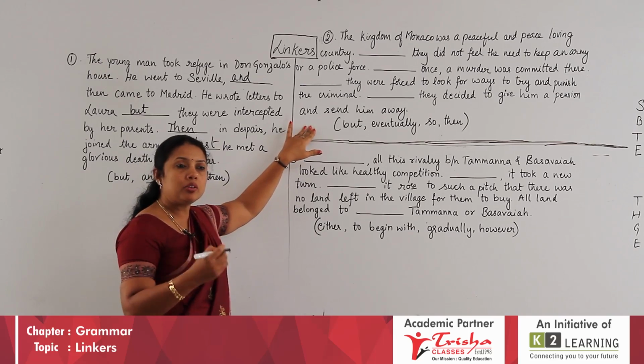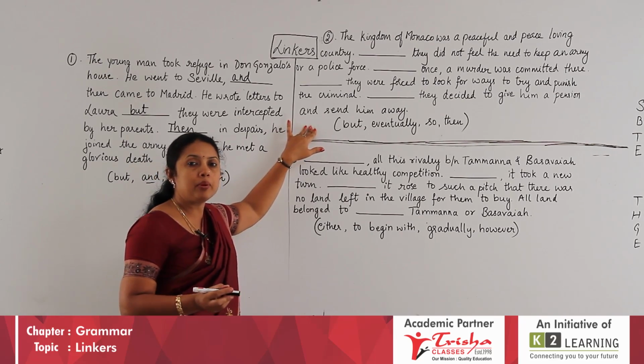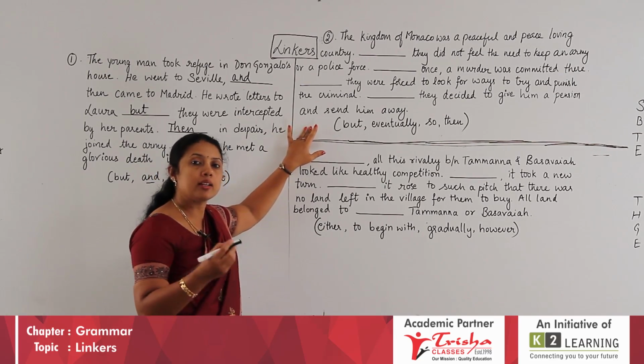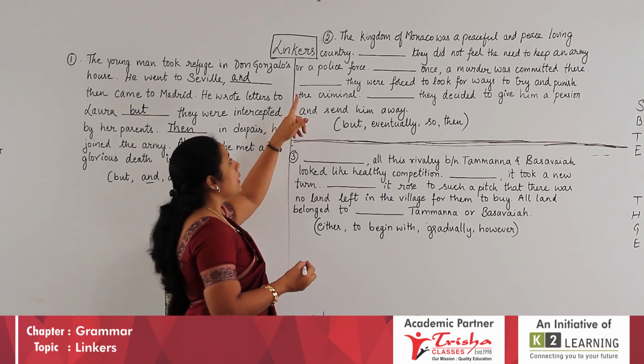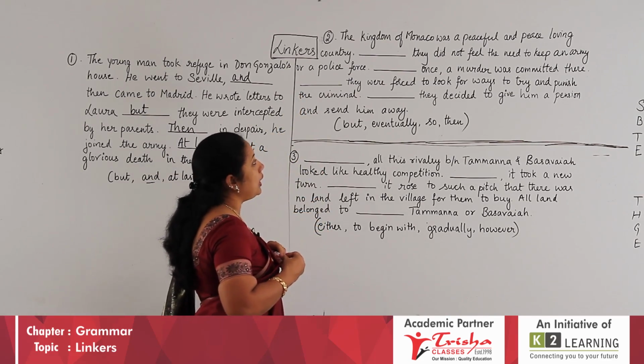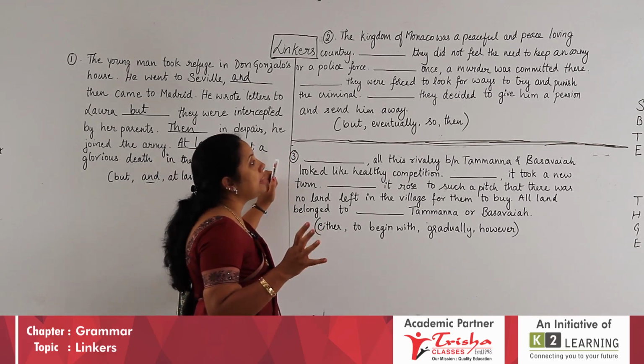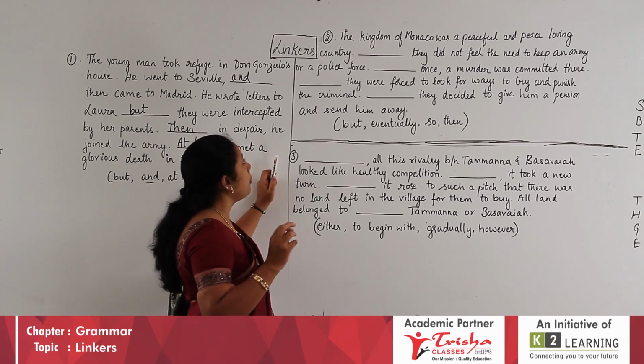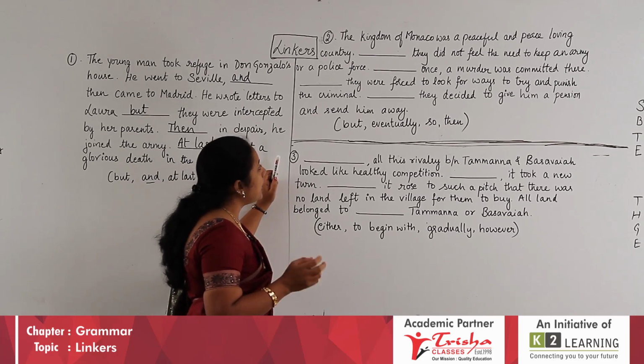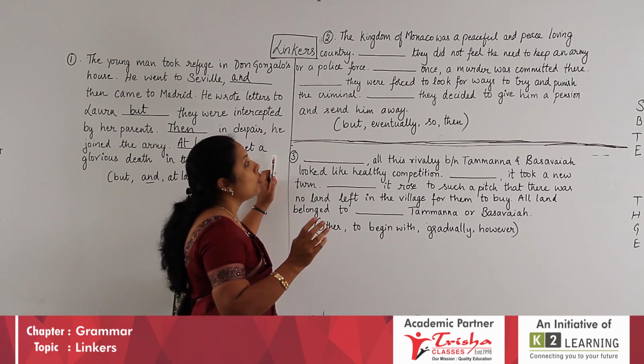Once you do 2 or 3 examples like this, you will find that the whole exercise is very easy. The kingdom of Monaco was a peaceful and peace-loving country. Dash, they did not feel the need to keep an army or a police force. Dash, once a murder was committed there.